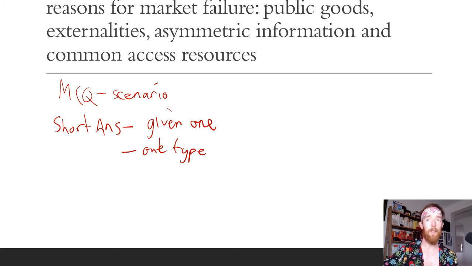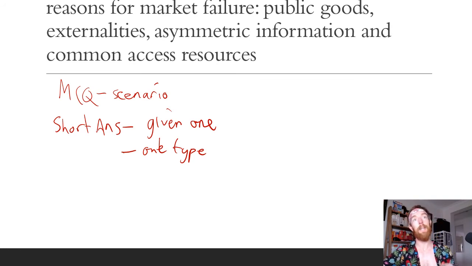Usually we just go with pollution for that because it's the easiest to talk about, and how that makes living standards worse off overall. Asymmetric information is when one person in the transaction has more information than the others. We usually talk about this with used car salesmen because it's the easiest example. Sometimes they know more about a car than they might otherwise and sell it to the person, even though it might have defects. Then that person might allocate their resources in a way that actually makes them worse off overall.